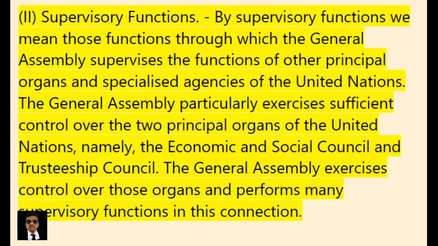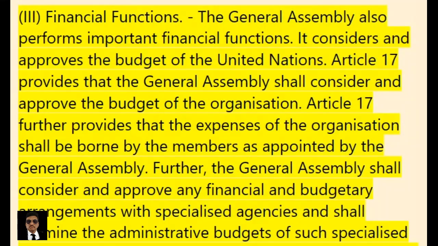3. Financial functions. The General Assembly also performs important financial functions. It considers and approves the budget of the United Nations. Article 17 provides that the General Assembly shall consider and approve the budget of the organization.